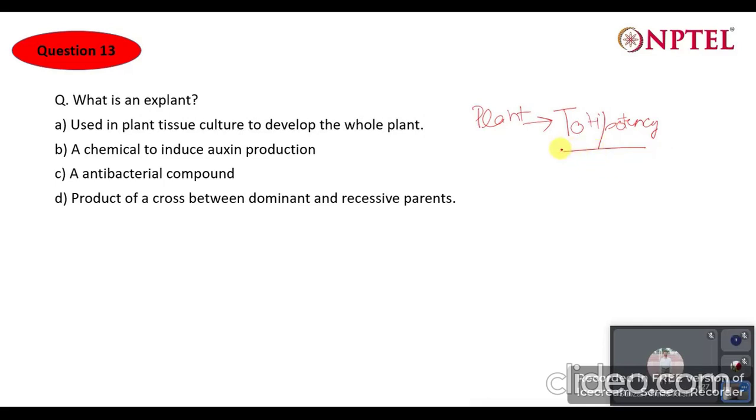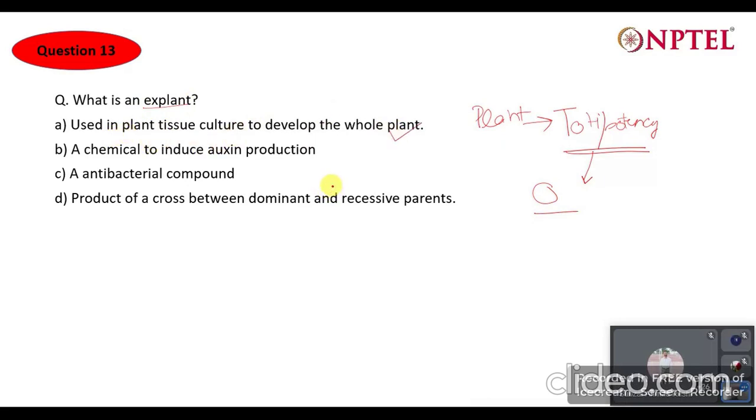So every tissue or every cell of the plant can be used as a stem cell to generate a whole plant. In plant tissue culture, any part of the plant that we use to grow another plant is known as an explant. So an explant is used in plant tissue culture to develop the whole plant.